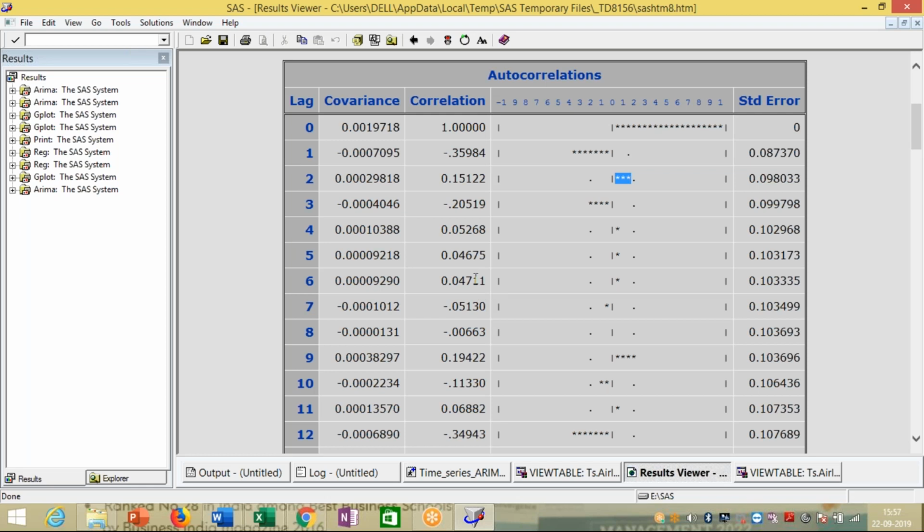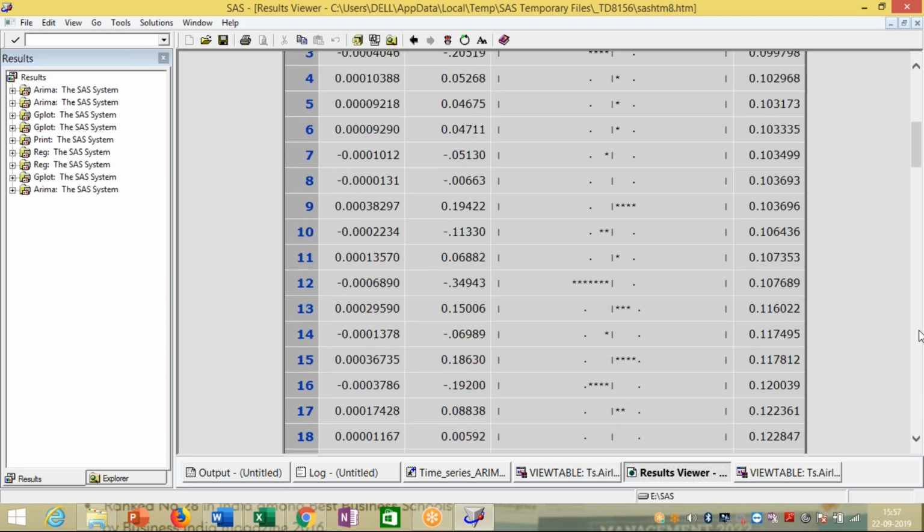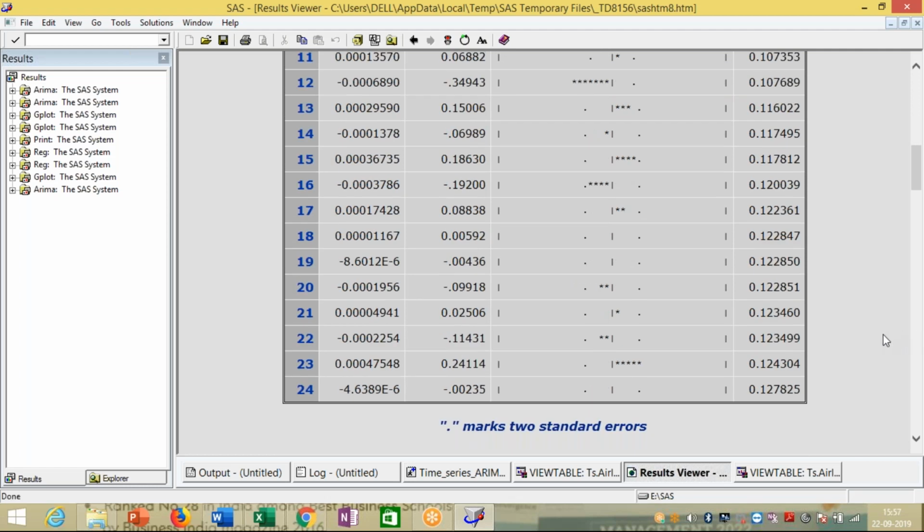So this decreasing order of the correlations is not really very consistent, right? Hence, what we can say is that yes, there still exists some element of non-stationarity over here, because there was a cyclical movement, there was a seasonal movement, right?